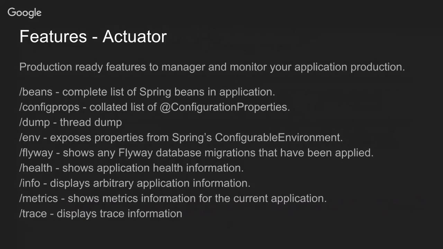So if you're debugging the application, you could just point to that endpoint and have the thread dump. And it is a secure endpoint, by the way. You have to enable it, and you might even require authorization. You can secure it. The environmental properties are exposed. So it shows you which Flyway database migrations have been applied. A health endpoint, showing you how much disk space or which applications are up.